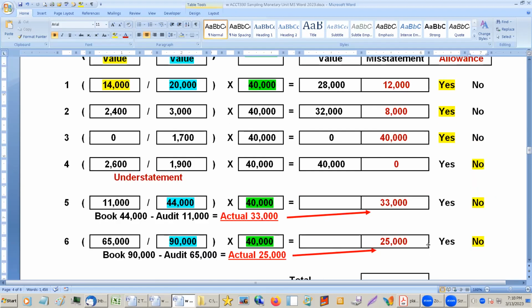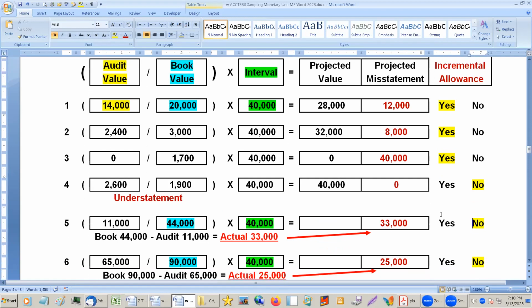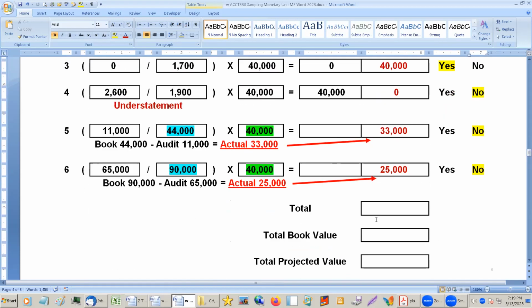Okay, so we're going to add up all our misstatements here. Projected misstatement. $118,000.